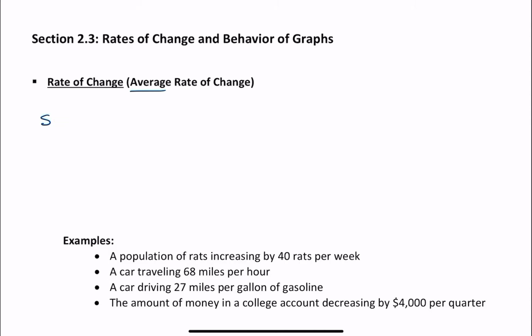So we found slope a lot in the last unit, which, if you recall, is change in y over change in x, or the formula for slope is y2 minus y1 over x2 minus x1.